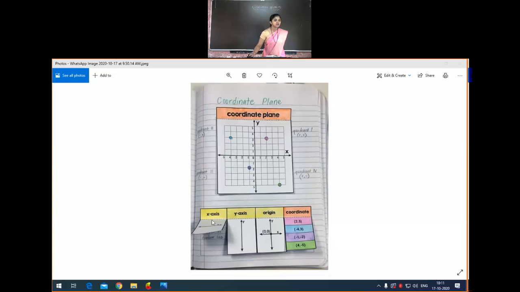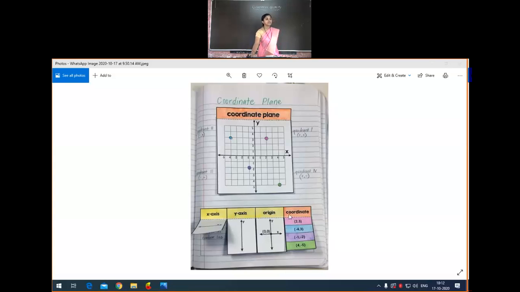Here you just observe this picture. The x-axis is the horizontal line and the y-axis is the vertical line. Both the horizontal line and vertical line intersect each other at the origin. What do we call that intersection point? We call that intersection point the origin. What are the coordinates of that origin? That is 0, 0.